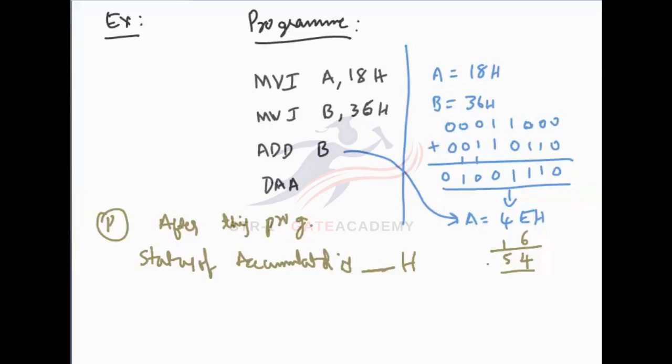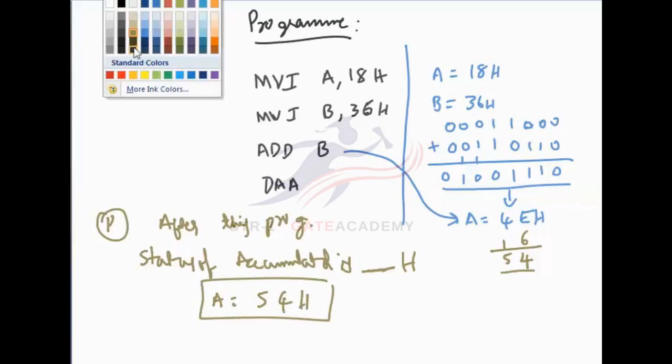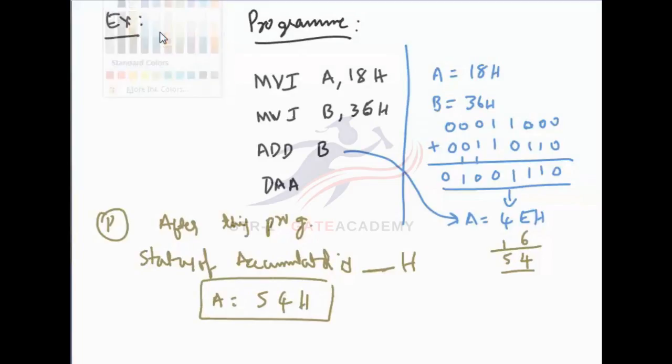So what is the result now? The accumulator is 54H. So in that result, you have to write 54H. This is a previous GATE question.